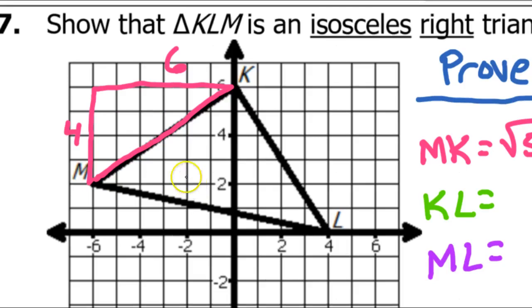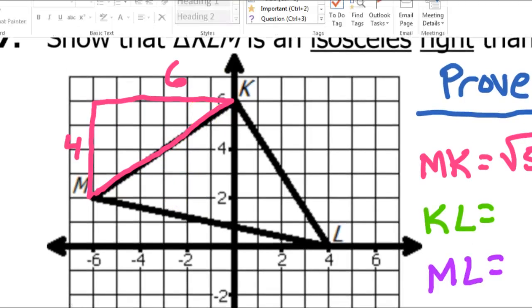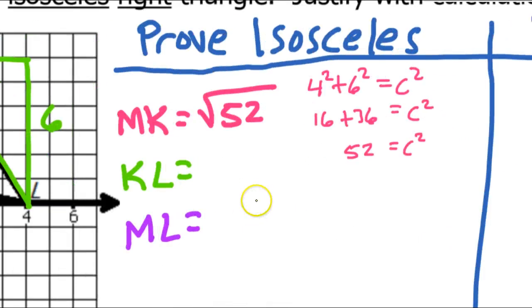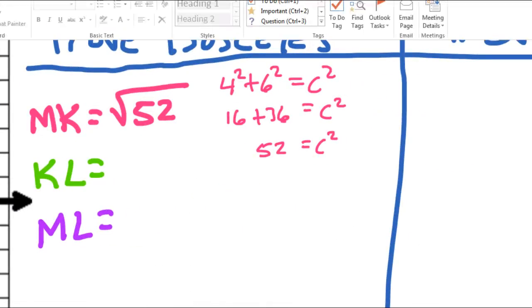All right, now I'm going to go back and find KL. Again, I'm going to make a right triangle that has KL as the hypotenuse. This side is 4, and this side is 6.